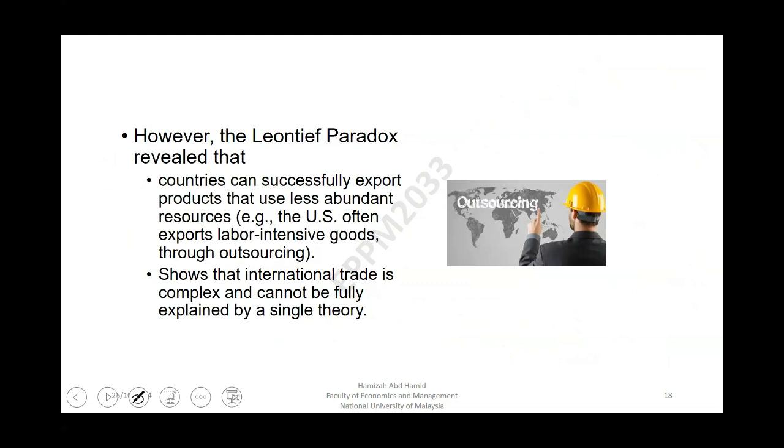But this theory also has its own disadvantages and limitations. This limitation is explained by the Leontief paradox. Countries can successfully export products that use less abundant resources. How? Through outsourcing. The US is a capital intensive country.